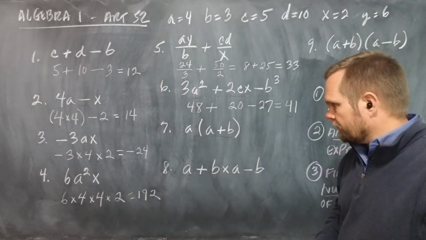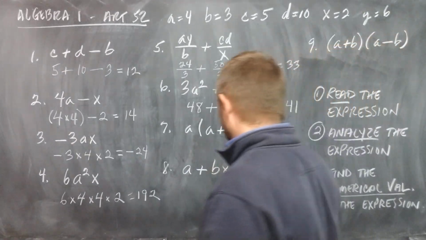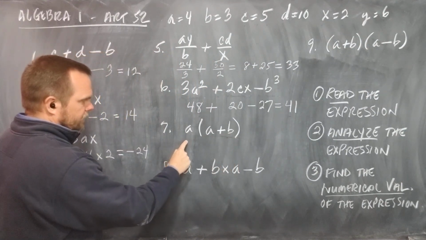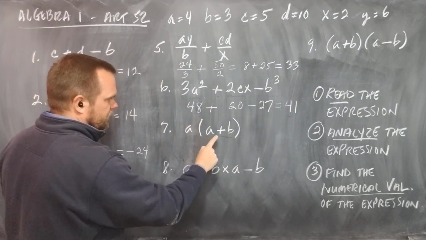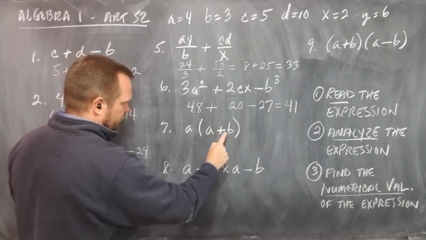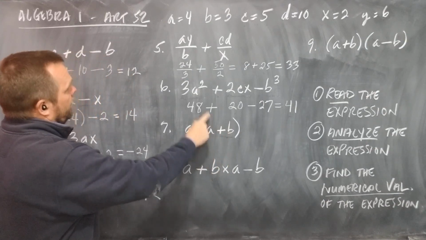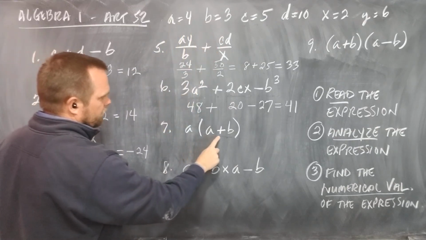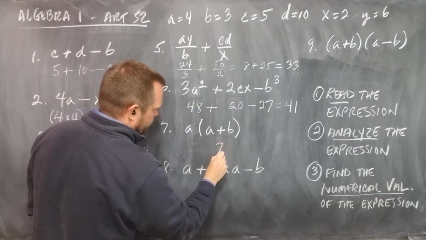So let's do that. We have a times the sum of a plus b. A is equal to 4 and b is equal to 3. So a plus b is equal to 7.